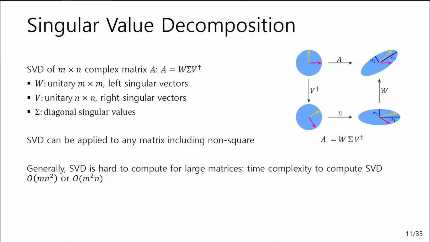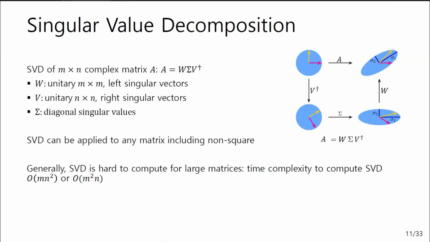W is an m by n unitary matrix, and it contains the left singular vectors. And V is an m by n unitary matrix, and it contains the right singular vectors. We can make the diagonal terms of sigma non-negative real numbers, and the diagonal elements are called singular values.